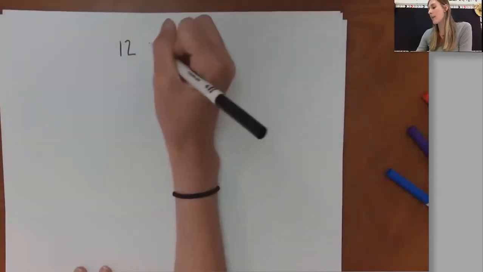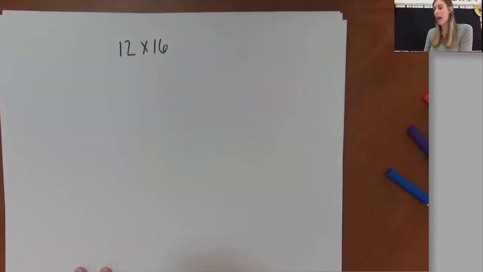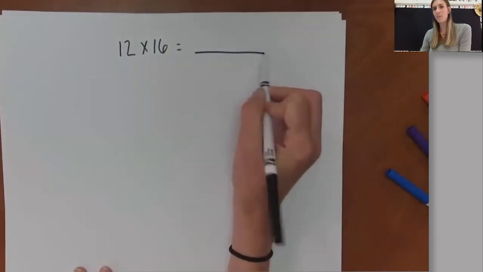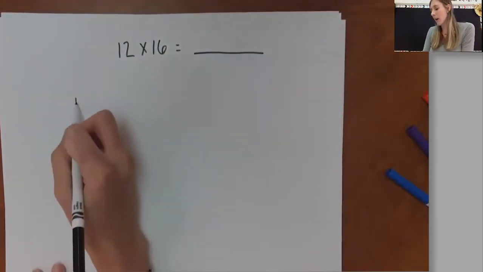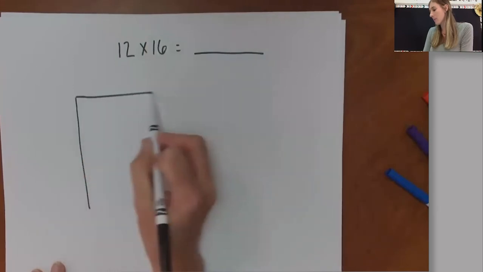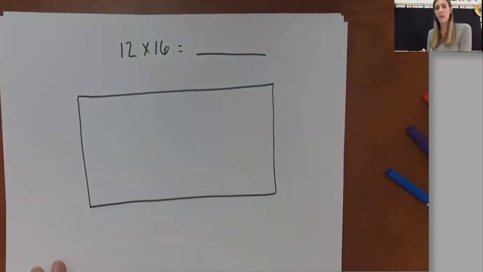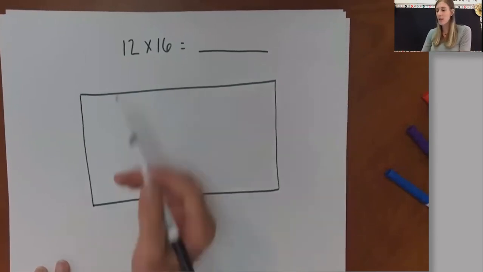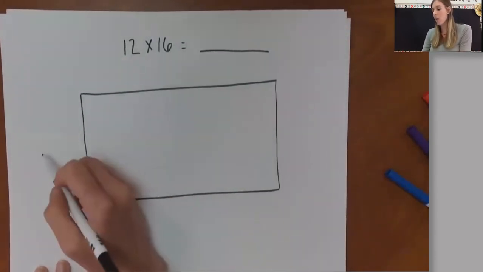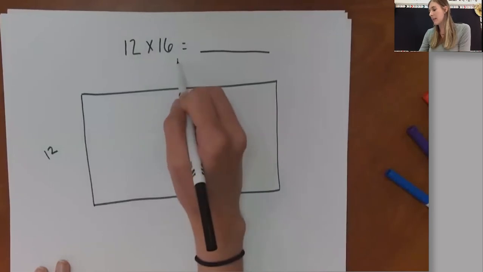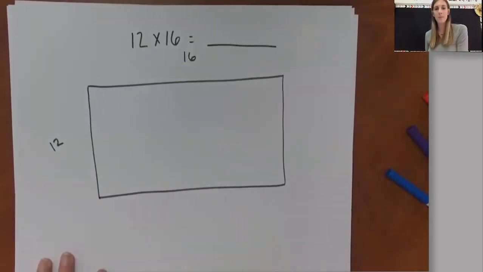This time, you help me solve 12 times 16 using our area model. Let's go ahead and draw our rectangle. Let's make each factor a dimension. So let's make 12 our length, and let's make 16 our width.